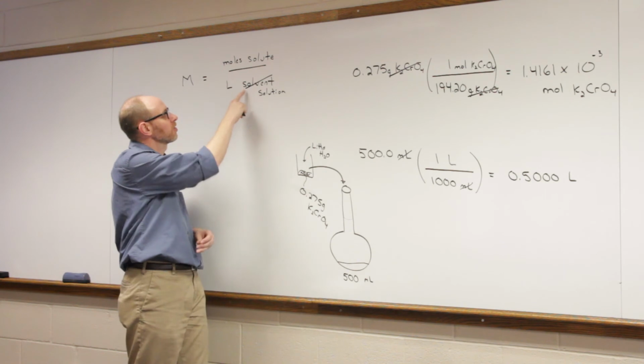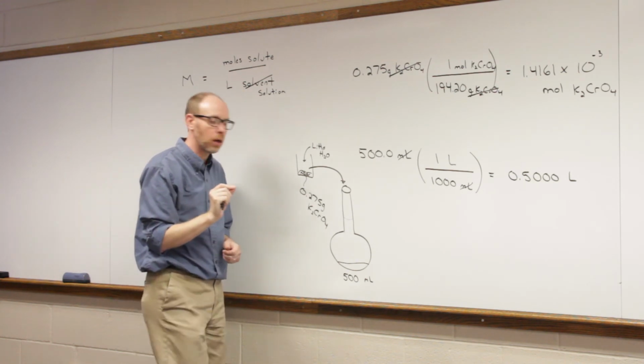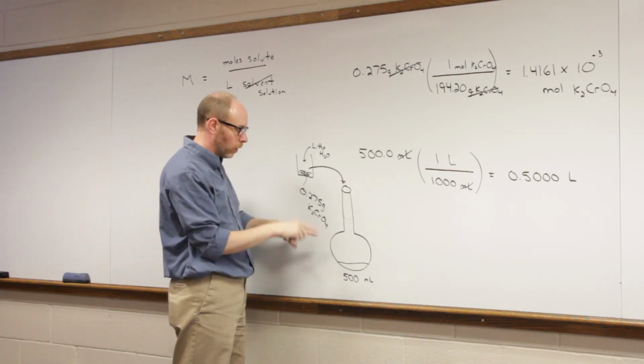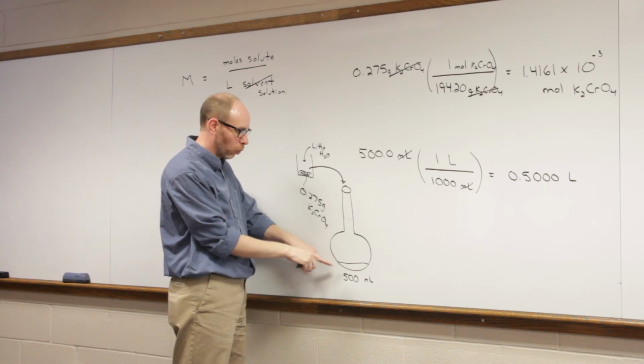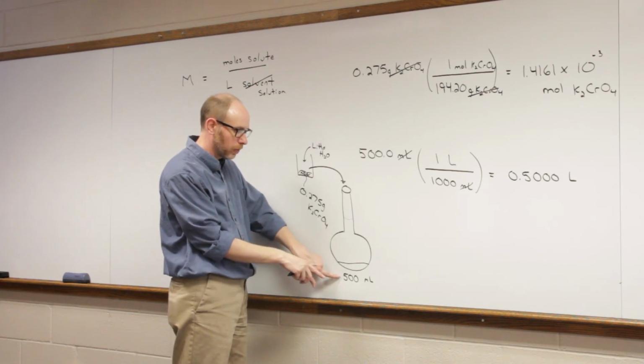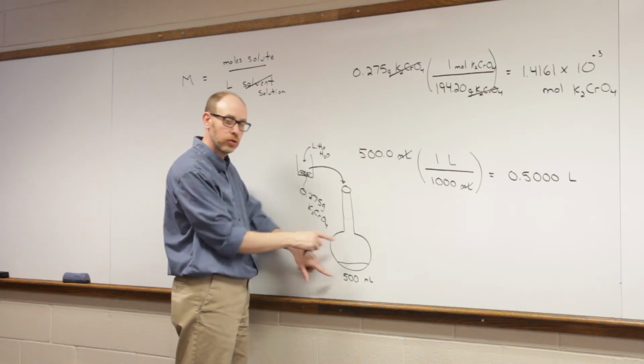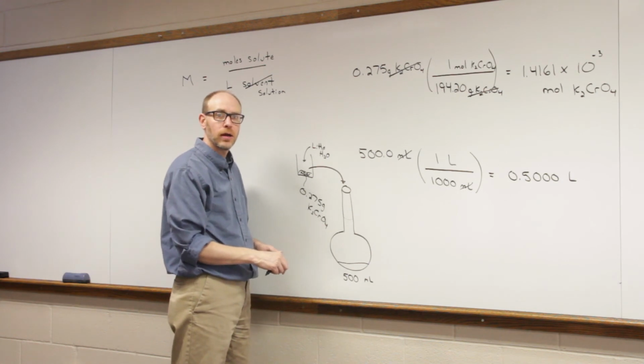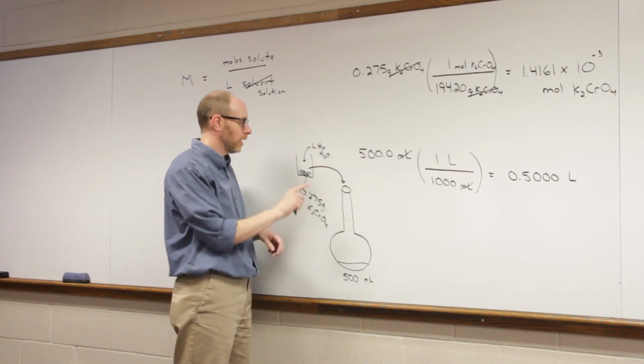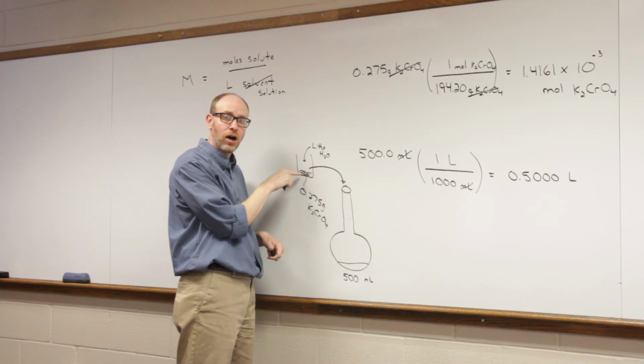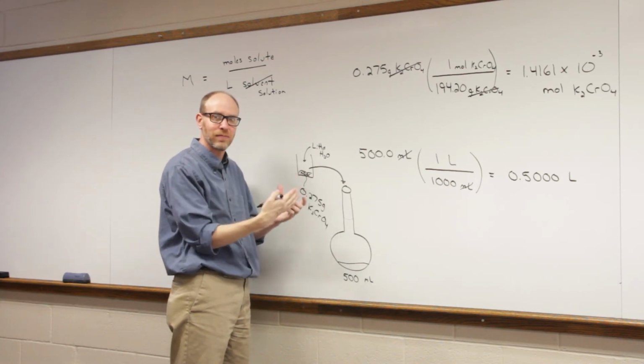Now, to get back to the solvent versus solution problem, what we're going to find is that we actually would have added a little bit less than 500 milliliters to this volumetric flask. And the reason for that is that the volume of that solid that we're dissolving isn't zero. It has some volume to it.